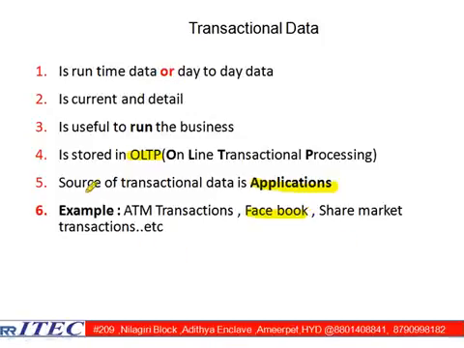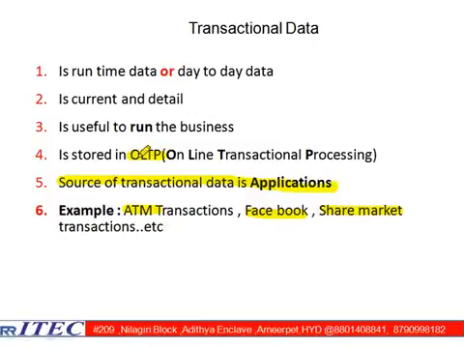So you understand, the source of transaction data is always applications. Your application may be Facebook, or an ATM, or a share market. Whatever you are doing, all these things are called applications. From these applications, whatever data is available is stored in the OLTP.